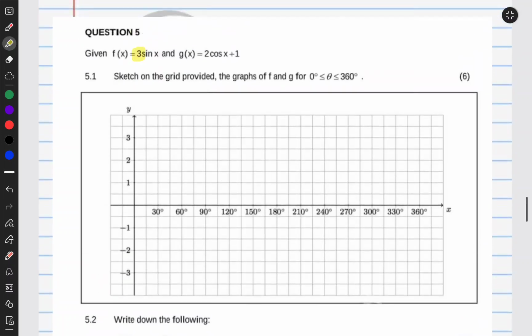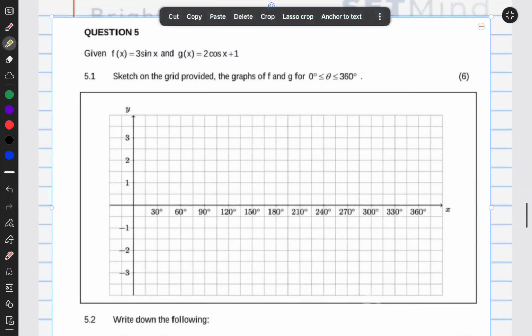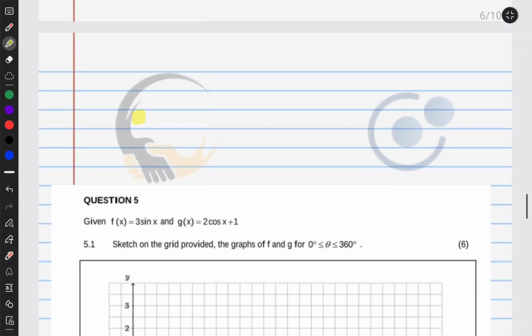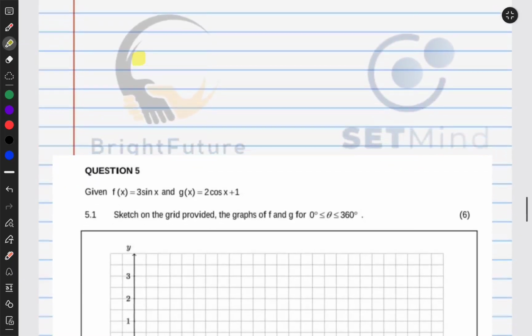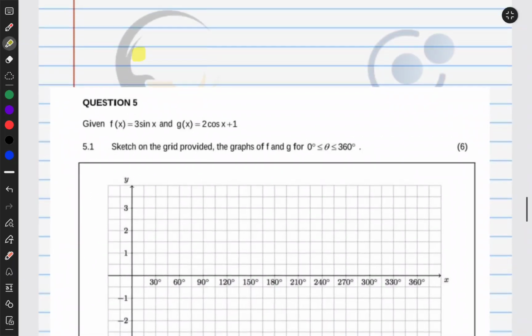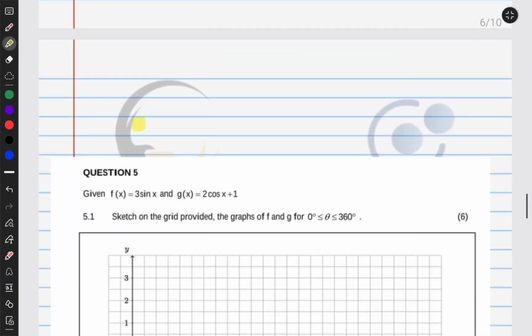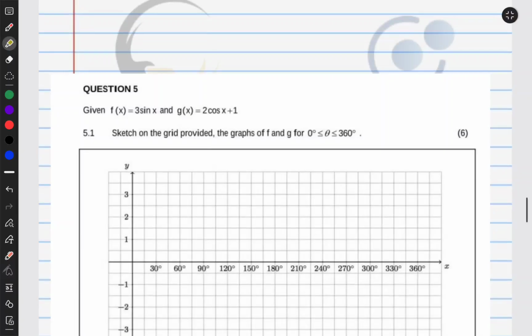Let's go ahead and sketch these graphs. But first things first, what do we need to do? We need to draw our table. I'll just put it above here. For our table, 30, 60.